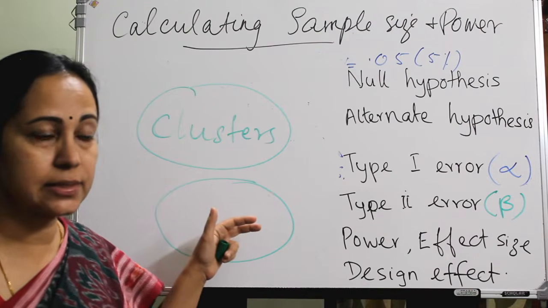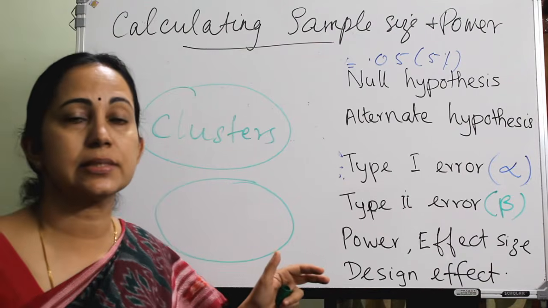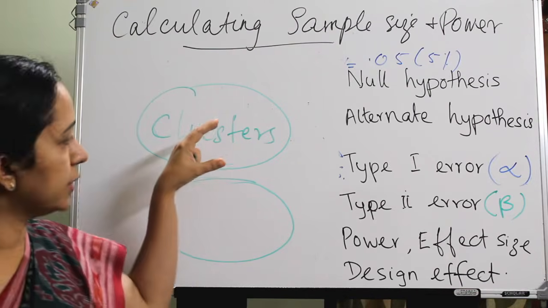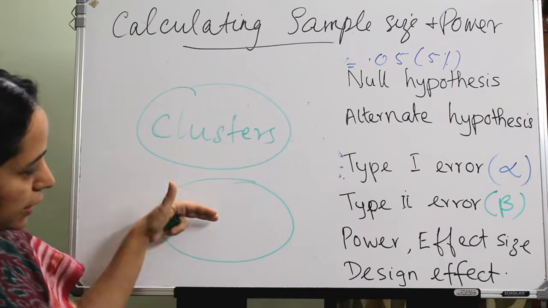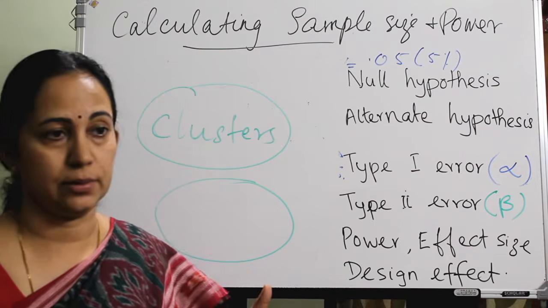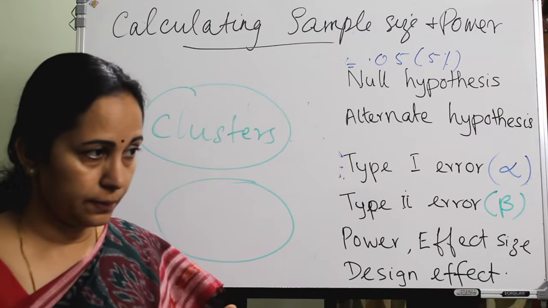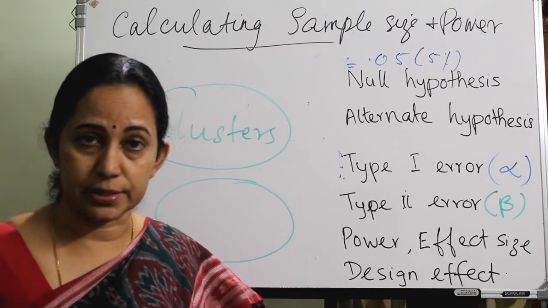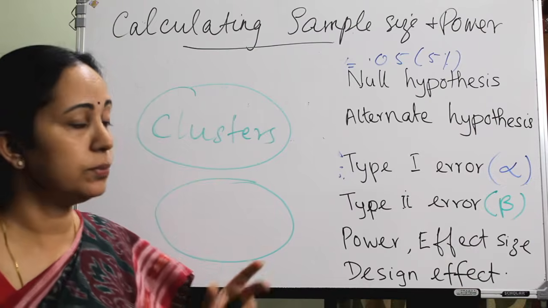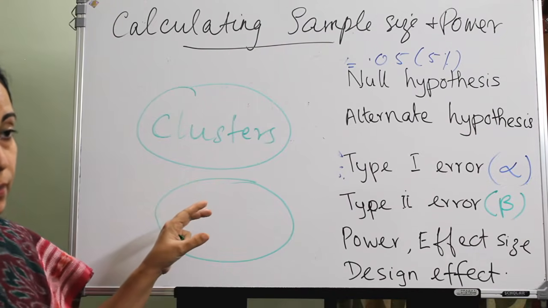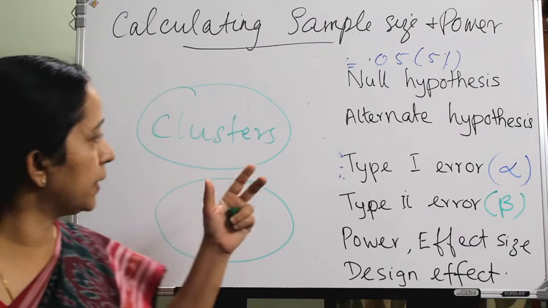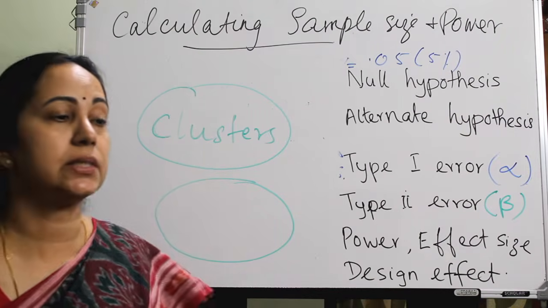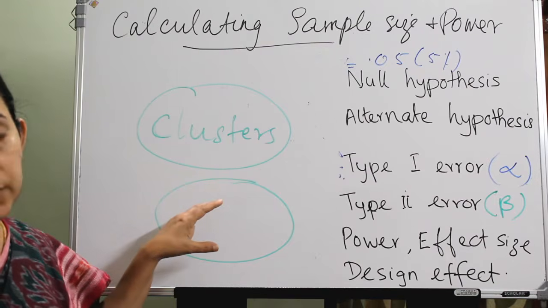So sample size in these clusters are determined by previous studies. Okay, and also the variability inside a cluster and between the clusters. Okay, got it? Geographical clustering is used for studies, and we assume the sample size from the previous studies depending upon the variability, number of clusters, and also the variability within the clusters and between the clusters.